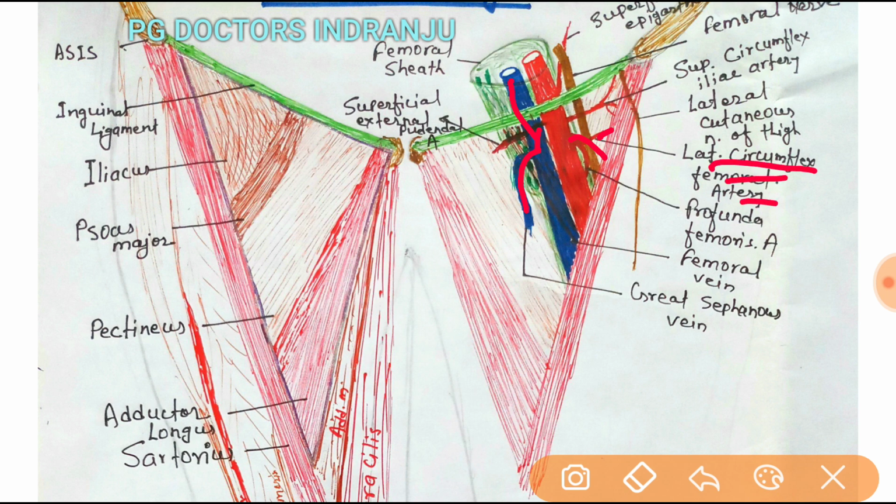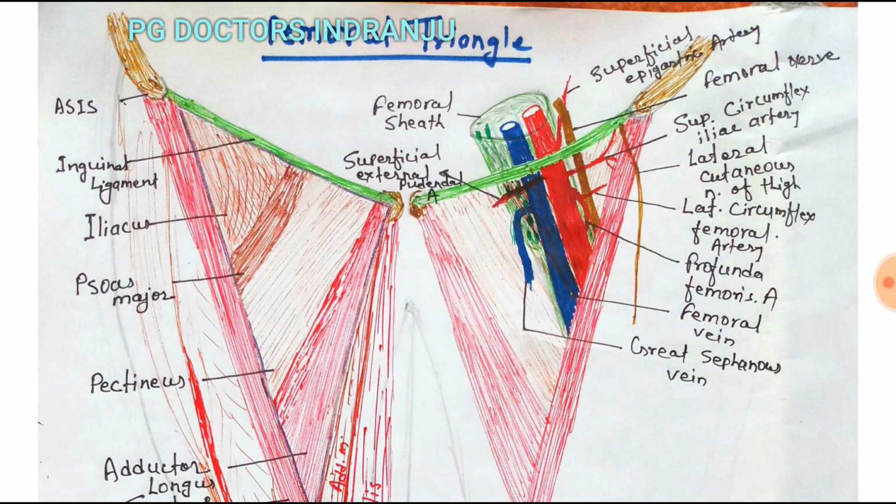Above this is the superior circumflex iliac artery, and above the inguinal ligament it is the superficial epigastric artery.